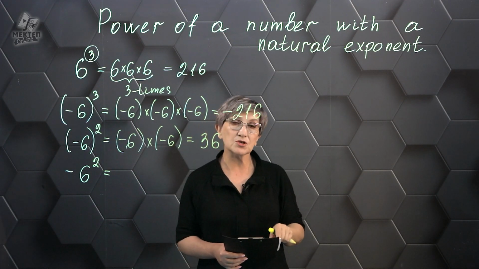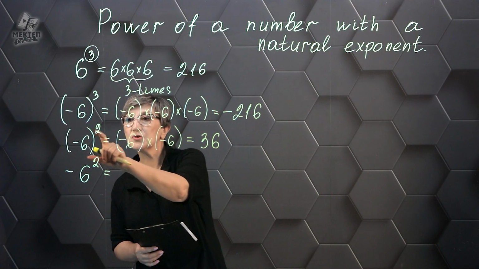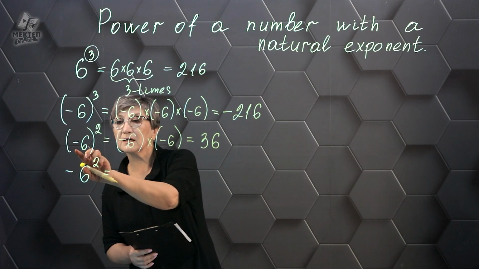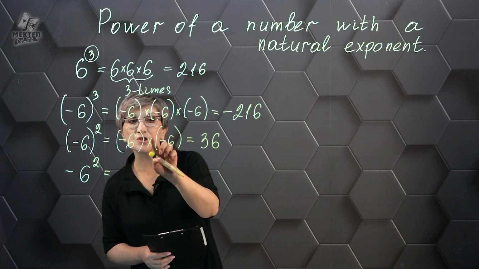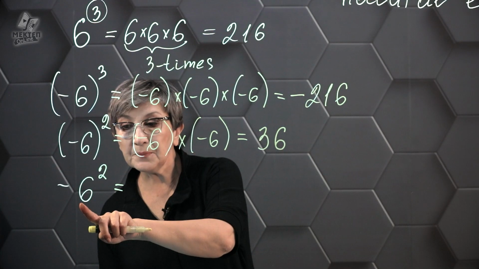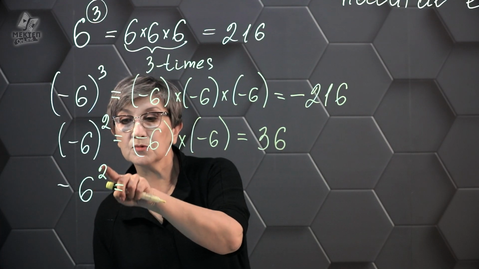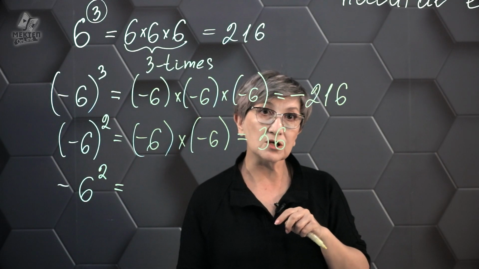As a result, we get a different answer. What does that depend on? The point is that in this case we are told to multiply the number minus 6 by the number minus 6 twice. And in this example we're told that the number 6 should be multiplied by 6.